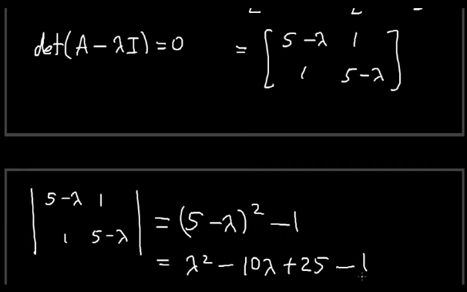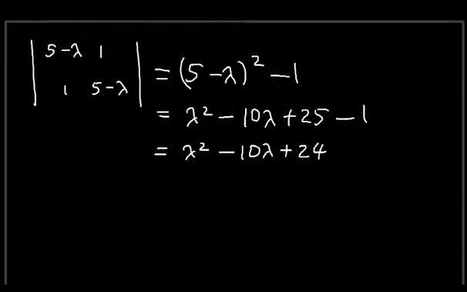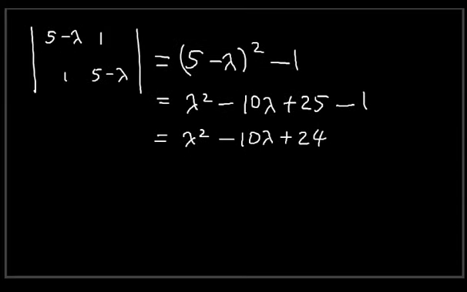The auxiliary equation is given by equating this to 0, and we want to solve it because eigenvalues are exactly its solutions.